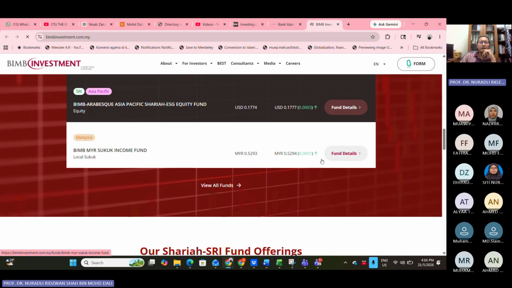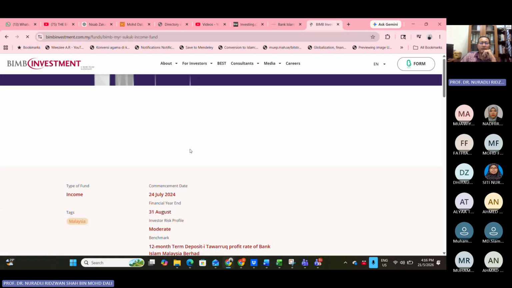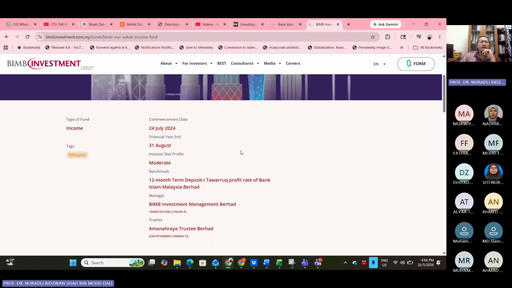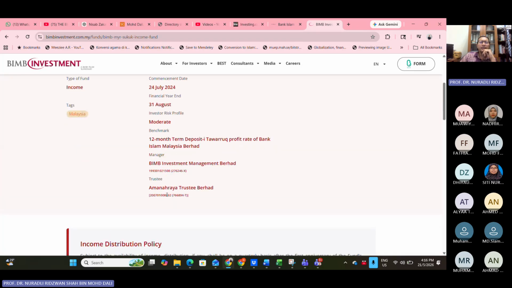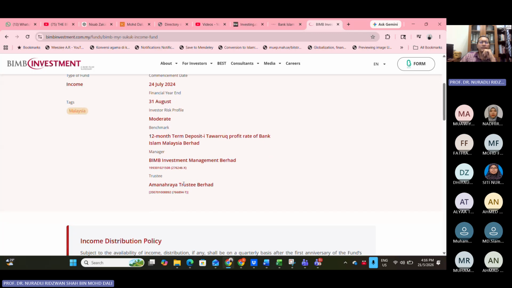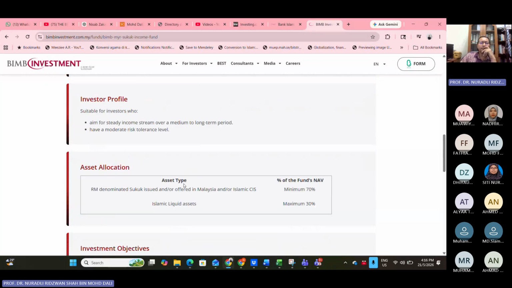This looks more towards a unit trust in terms of fund details. The benchmark is the 12-month term deposit. So you can buy from here.